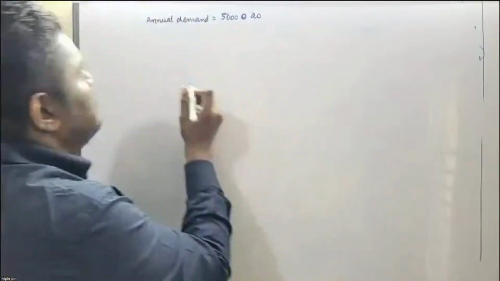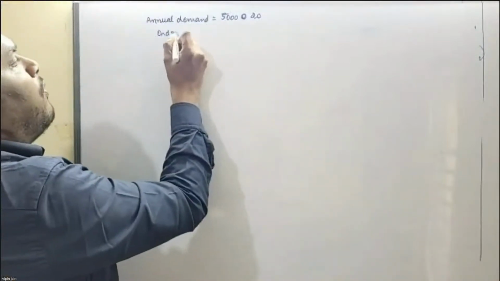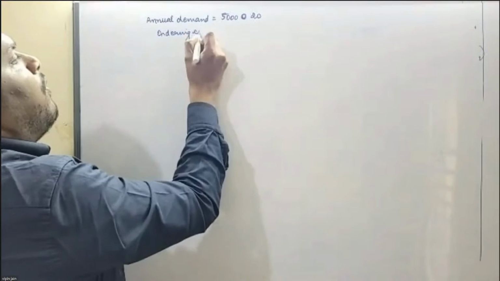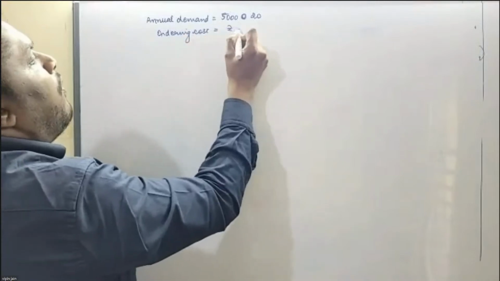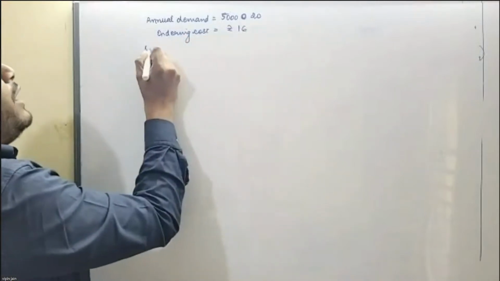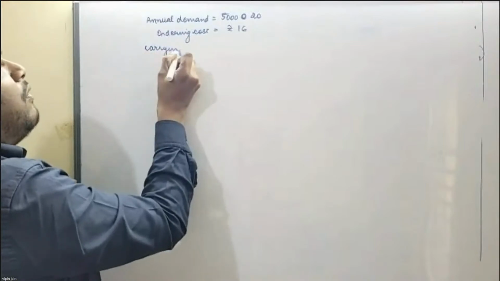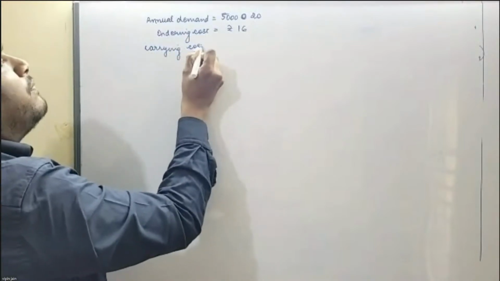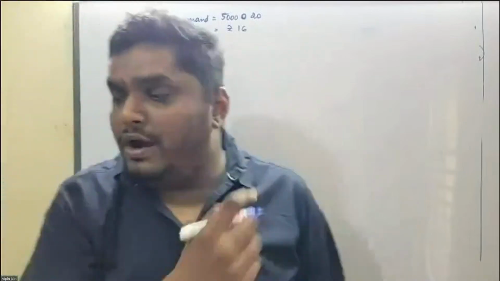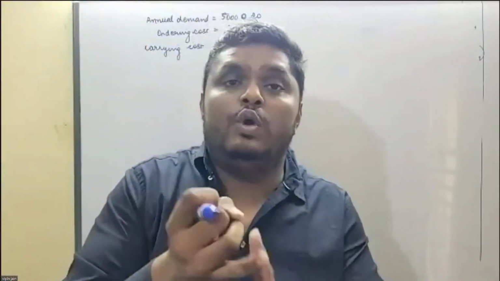Further, ordering cost per order is rupees 16. When talking about carrying cost, it is given storage cost. Storage cost is a type of carrying cost. Interest cost, I have already explained that interest cost is also a carrying cost. And obsolescence rate 6%, that is also a carrying cost.